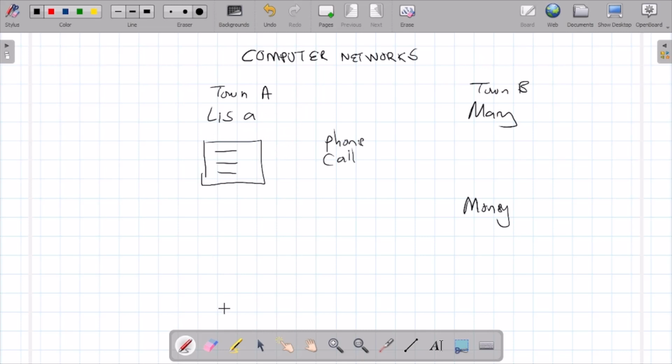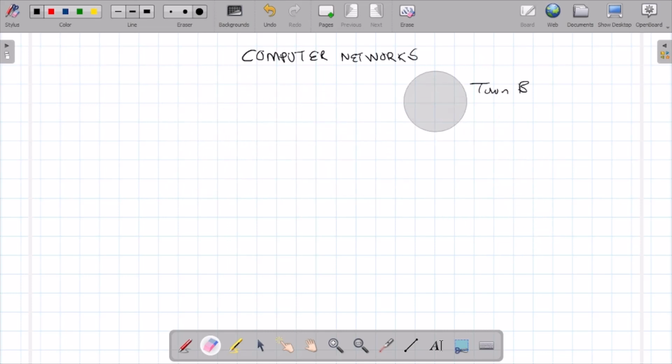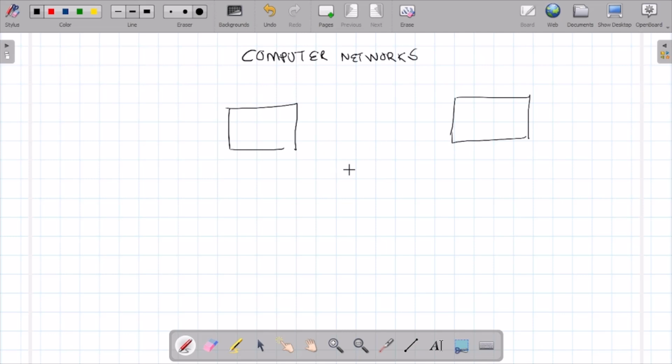All right. Now, computers can communicate in a very similar manner. So for two computers to be able to communicate, they have to be connected in some way. Now, there are many ways in which computers can be connected. The most common ways in which two computers can be connected is via what is known as coaxial cables and Ethernet cables.